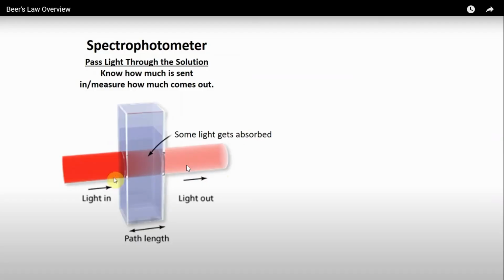Unless you have nothing in the cuvette, in which case nothing gets absorbed. Yeah?